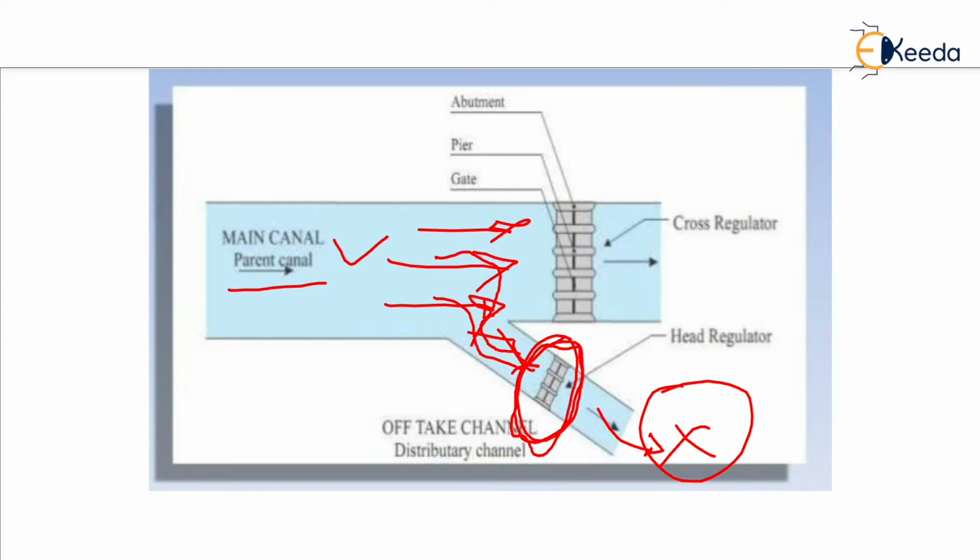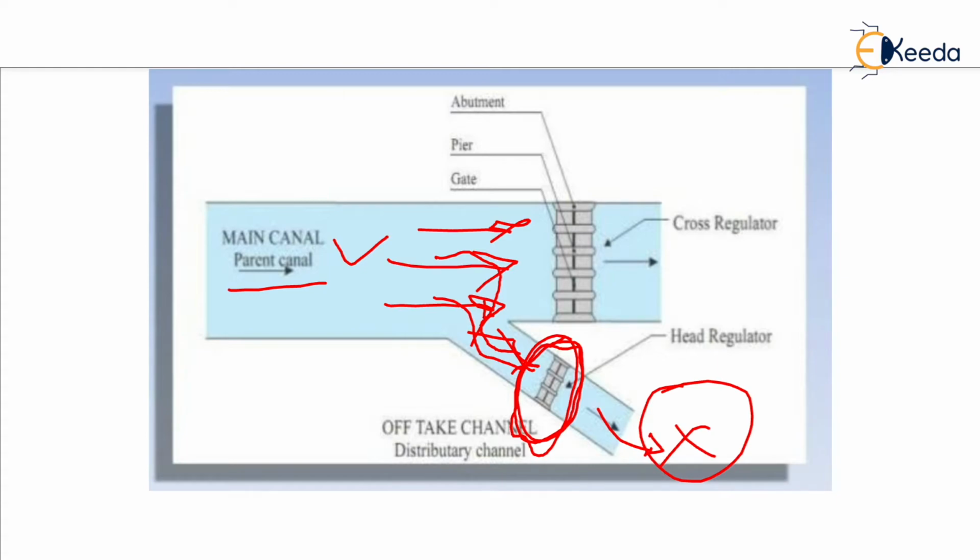Under the canal head regulator, we have a cross regulator which is constructed in the main channel to head up the water level available in the main channel. By using that cross regulator, the water level will increase, and then the water is diverted through the various off-taking or distributary channels.